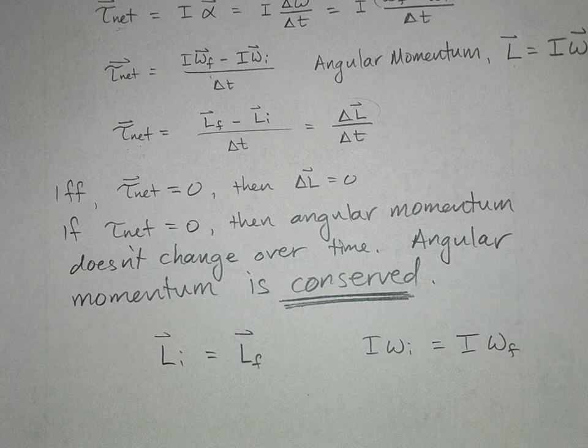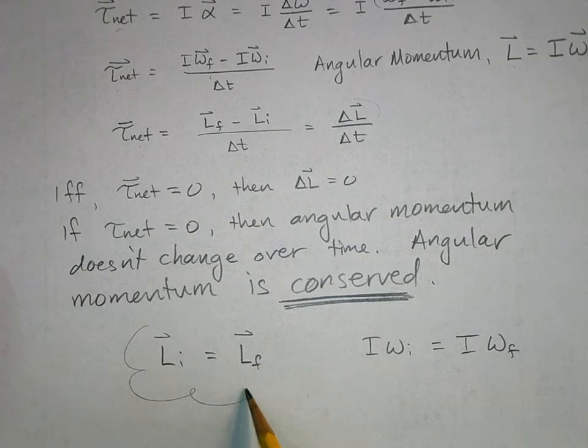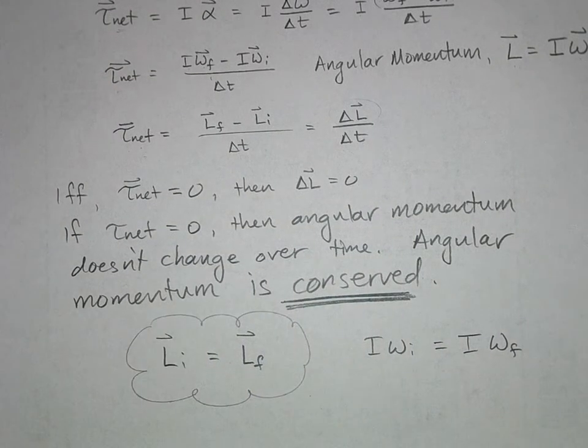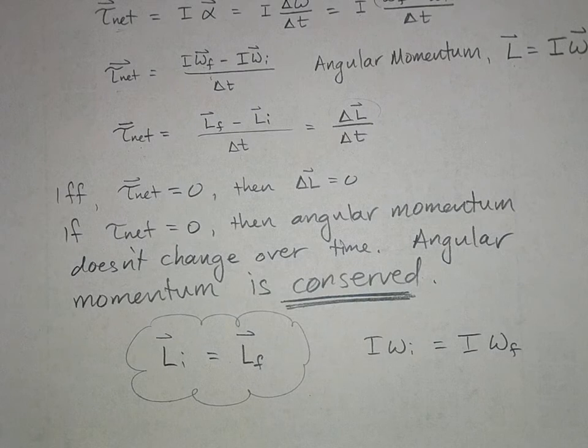If you see a problem where there's no net torque on a system and it's spinning, but you might have two things spinning that come together and connect, and you want to know how they're spinning afterwards, it's kind of like a rotational collision.